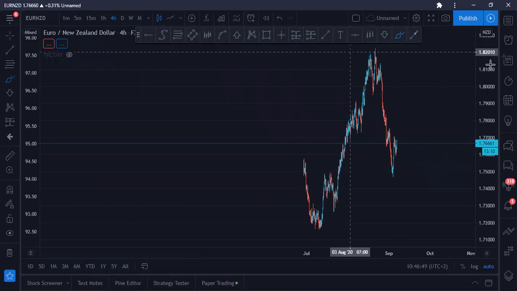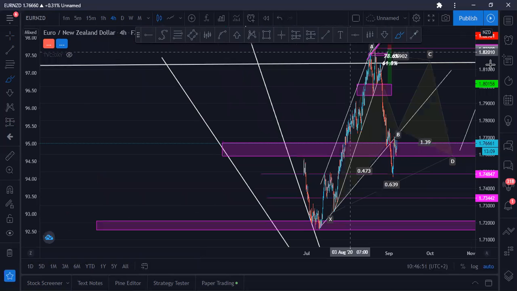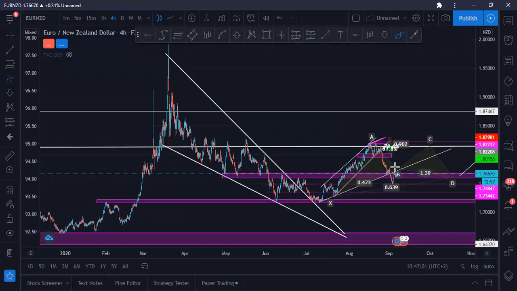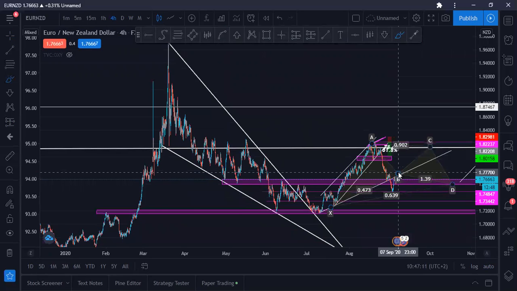This is a trade that I'm looking at long term. Hopefully this trade can play out the way I expect. Let me just remove this one pattern that I have here.